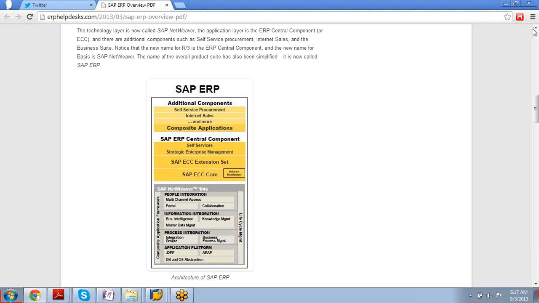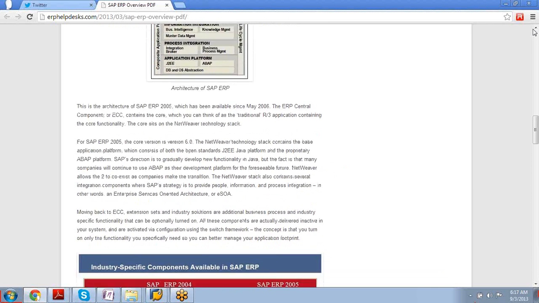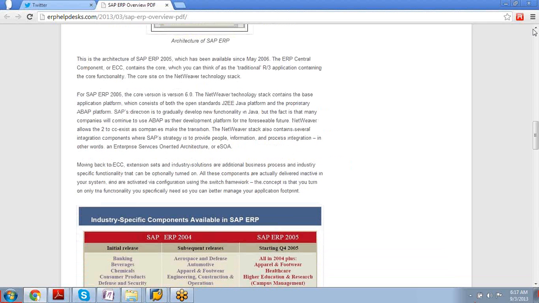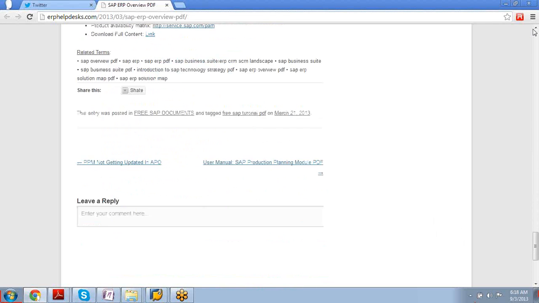Old name was basis. So remember the earlier terminology. You write this: ECC was called SAP R/3, that's an old architecture, R/3, a real-time, 3-tier client-server architecture.